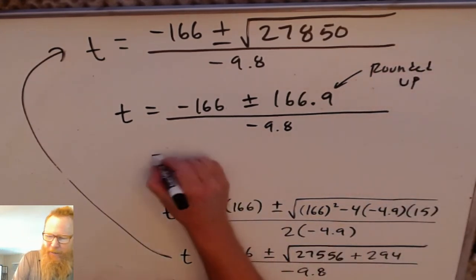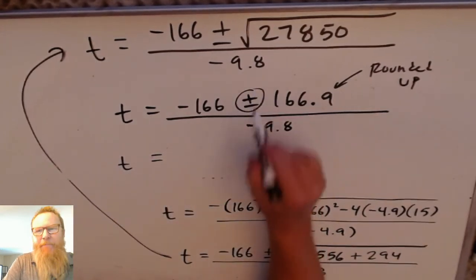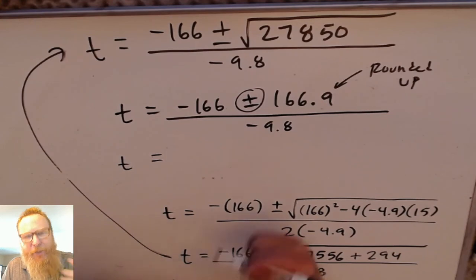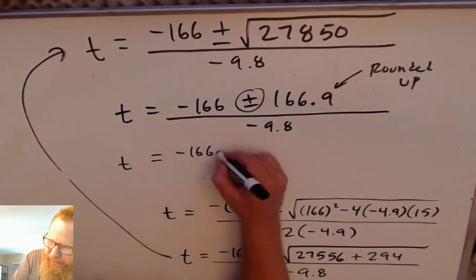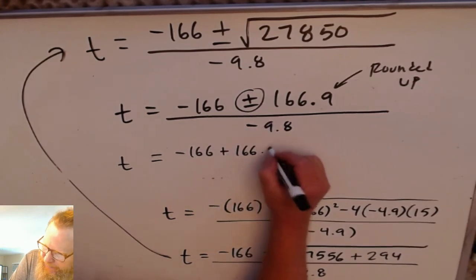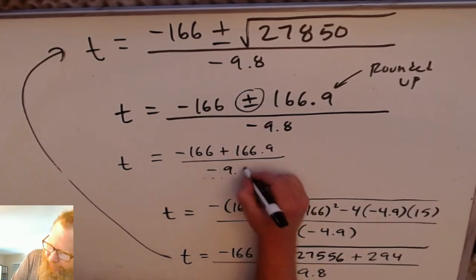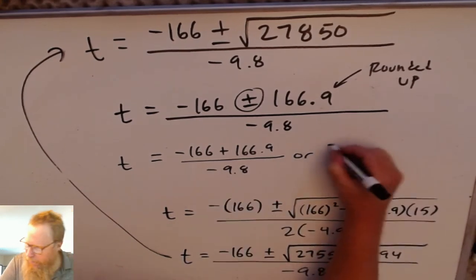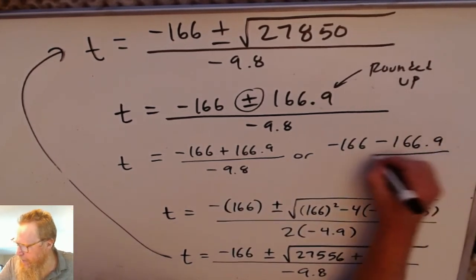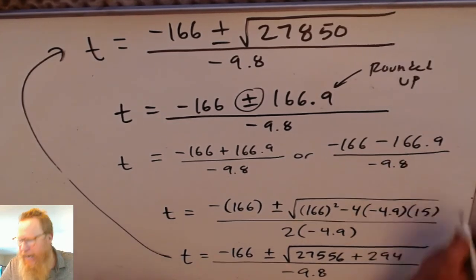Okay. Now watch. I'm going to keep both because one of them's negative, one of them's positive, but right now I can't tell which. So let's do both of them. Negative 166 plus 166.9 over negative 9.8. Or the other one is negative 166 minus 166.9 over negative 9.8.